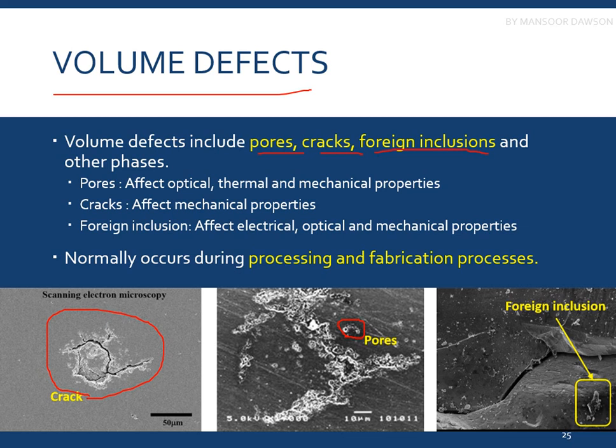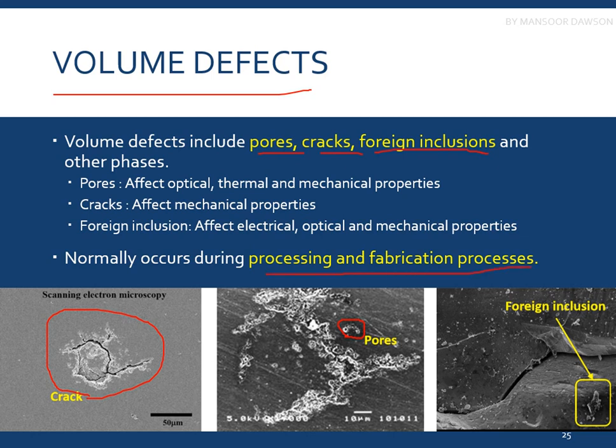So we have pores, and you can see over here in this micrograph we have a foreign inclusion, which should not be here in the solid structure of the alloy. This normally occurs during the processing and fabrication.